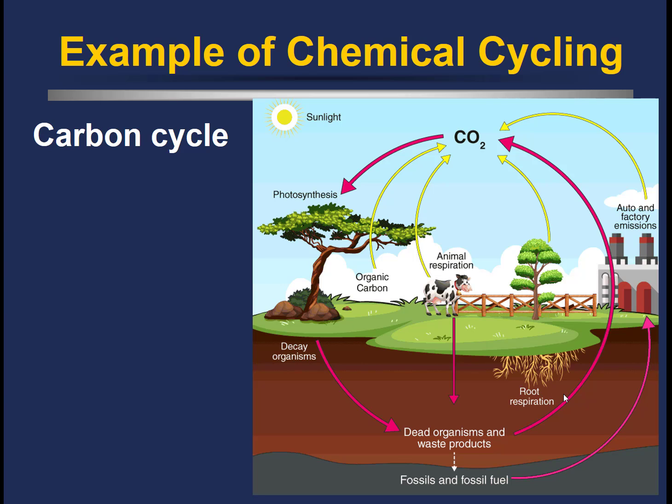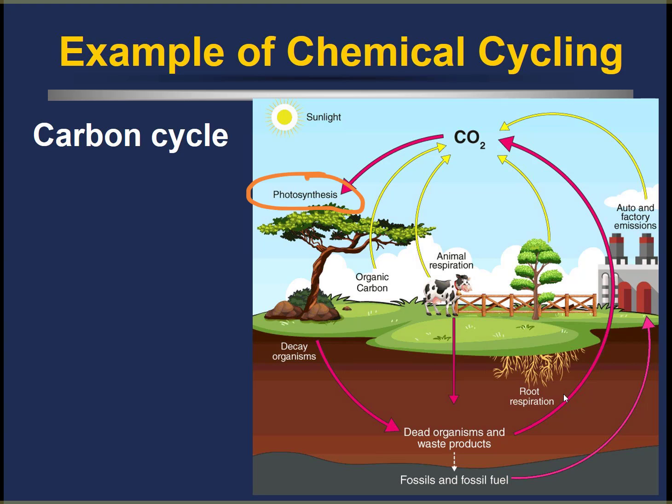So we have CO2, so carbon dioxide in the atmosphere, and we have plants that take up the carbon dioxide and they actually make sugars and plant tissues. And this is known as photosynthesis.